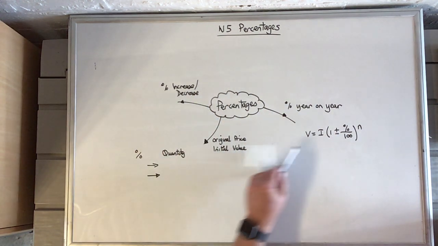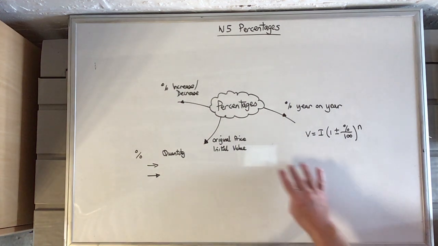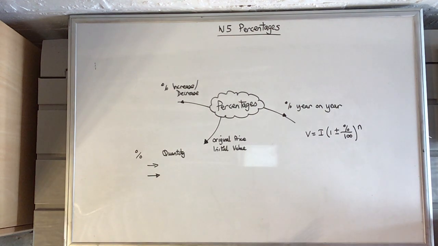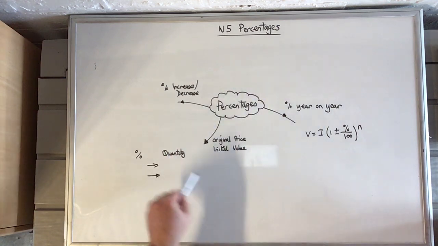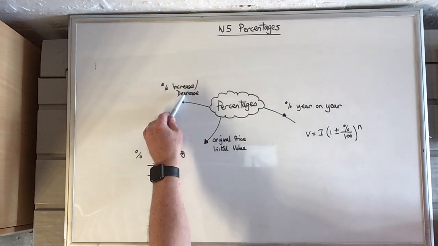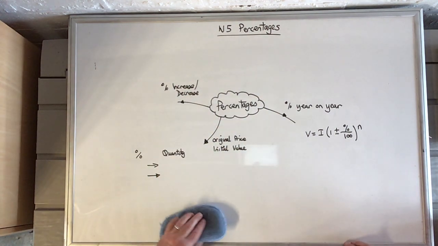But these two always come up, normally for 3 marks each, so you're talking about 6 marks guaranteed in your exam. So well worth learning it. Okay, so I'll make up a video on this. For this video, I'll get rid of this and show you how to do the increase and decrease.